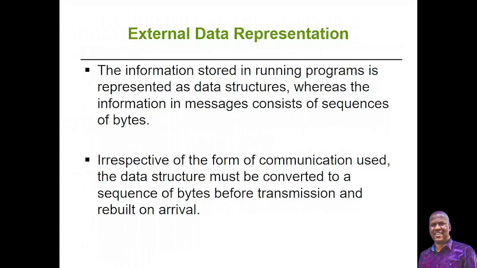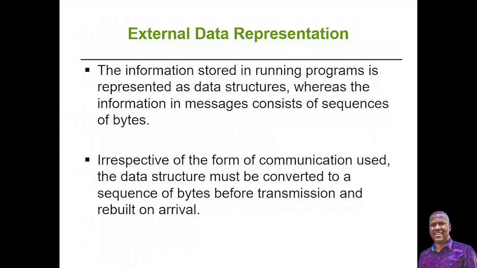So it's very important that the receiving process can actually understand the messages that have been sent to it. So irrespective of the form of communication used, the data structure must be converted to a sequence of bytes before transmission and rebuilt on arrival.